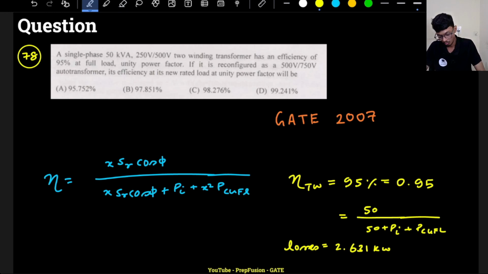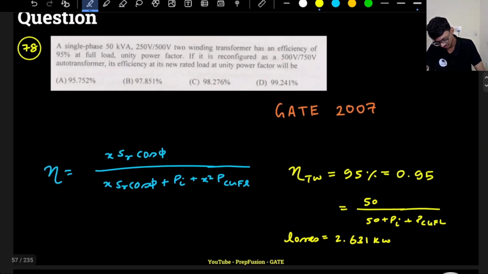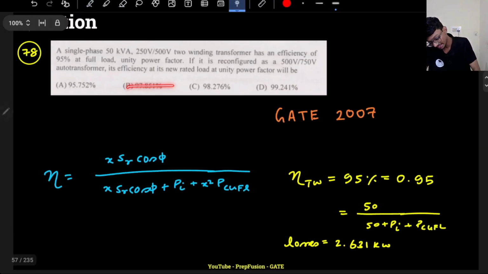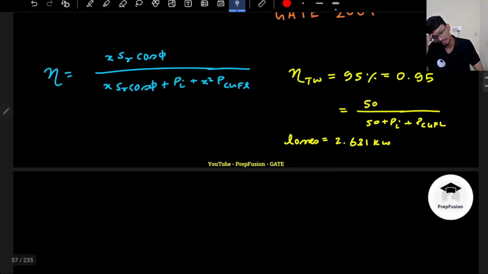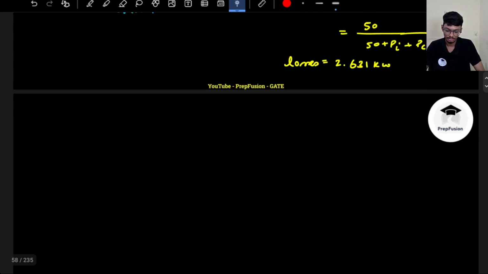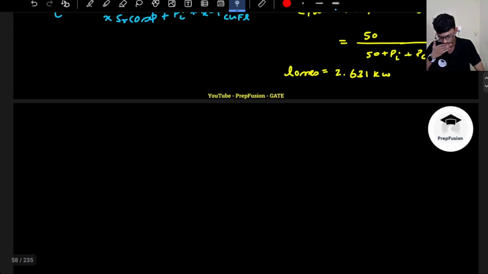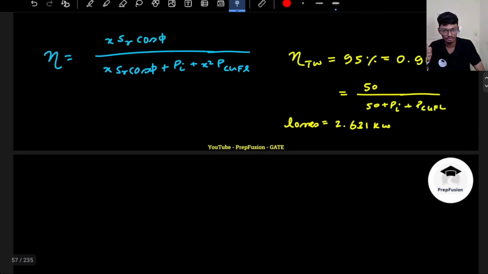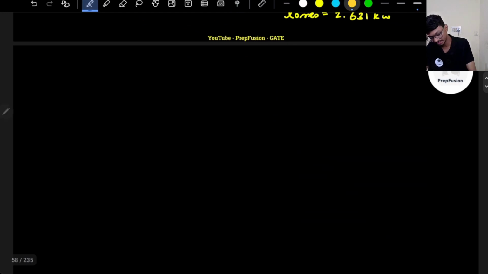Now what are they asking? They are asking me to find its efficiency at its new rated load at unity power factor. Rated load means x is 1. So if I am at its new rated load, x will be again 1. The efficiency formula will not change.